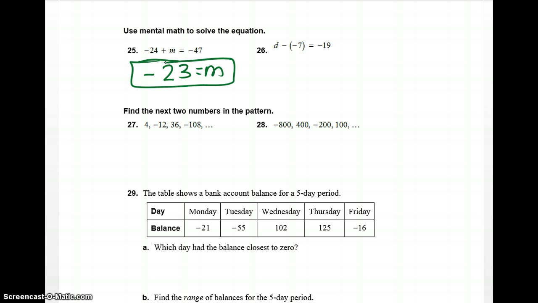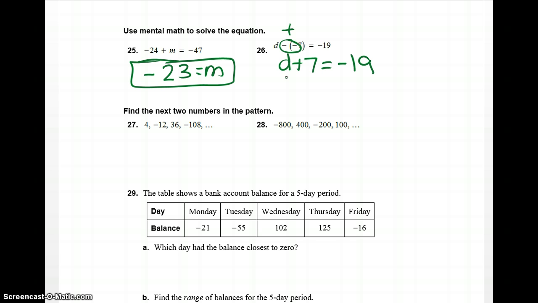So for 26, d minus negative 7. I'm going to change this into an addition problem since there are 2 negative signs together, and have it say d plus 7 equals negative 19. Now I still have a negative answer, so I know that my d needs to be bigger than a negative 19.